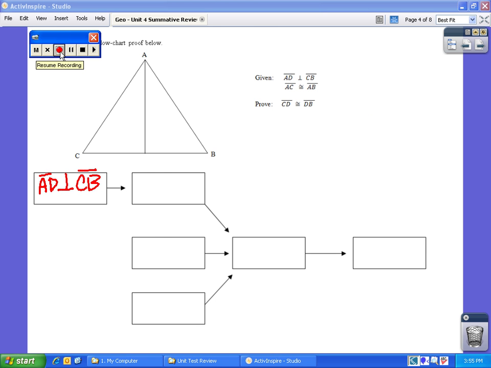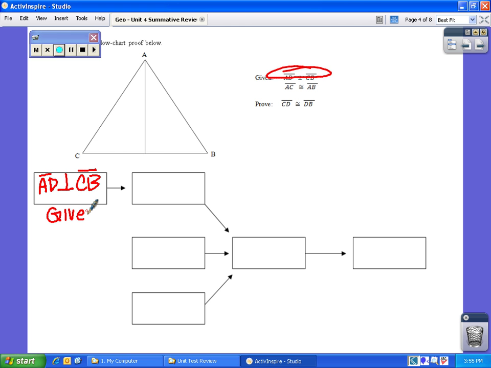Flow proofs. Start with your first piece of given information, that line segment AD is perpendicular to line segment CB. And the reason is given. What's special about flow proofs is the arrows show how one reason leads to another.